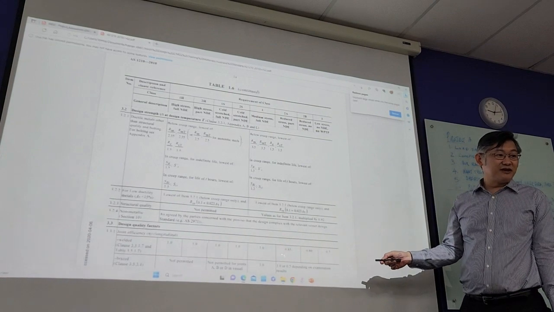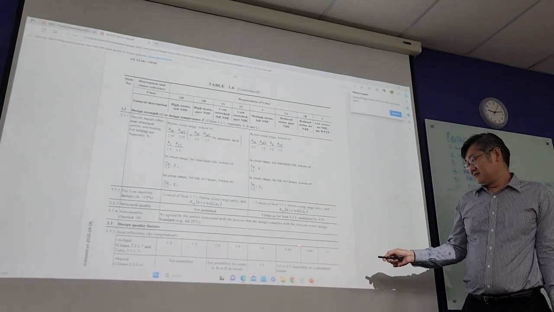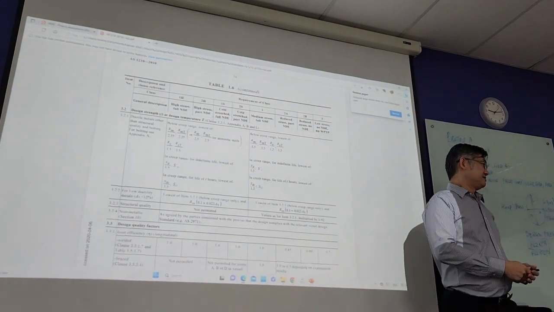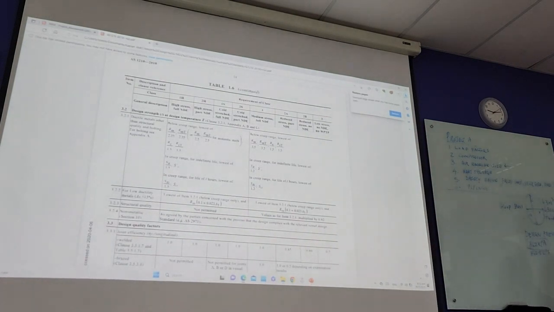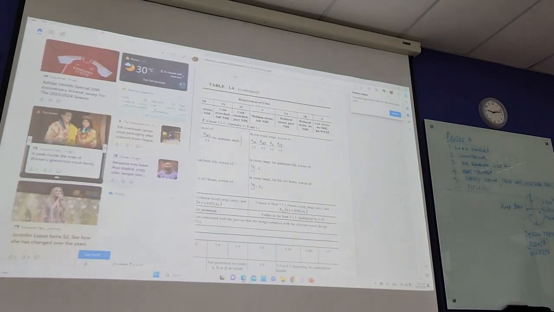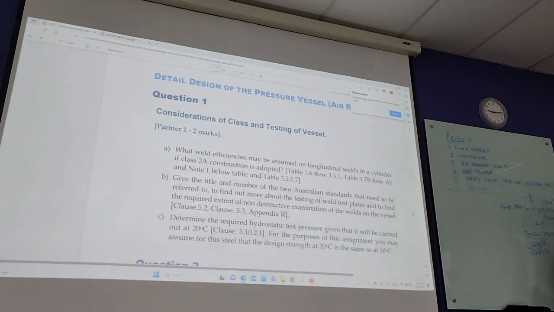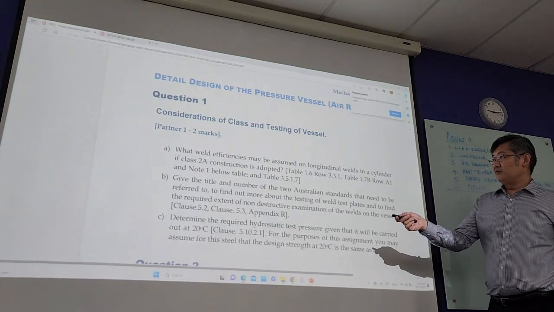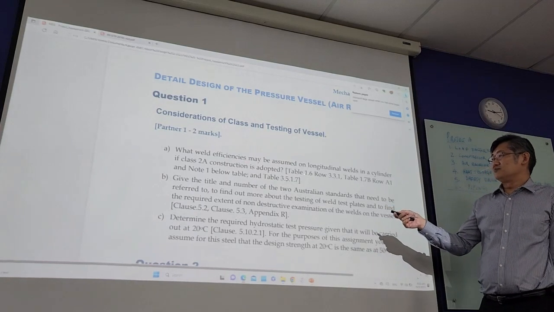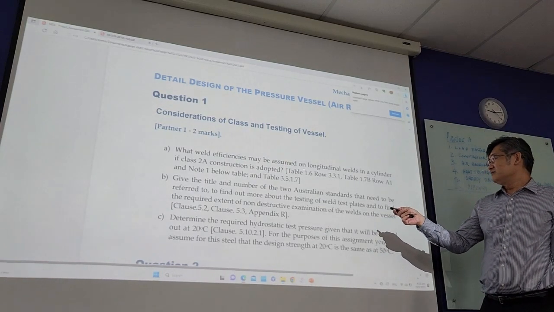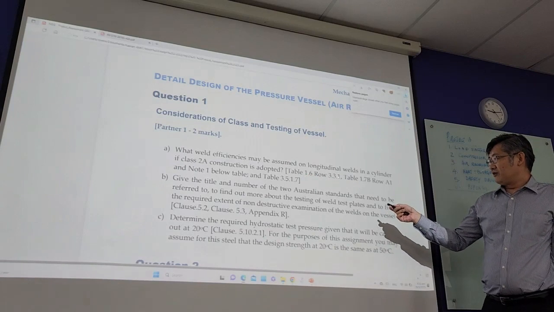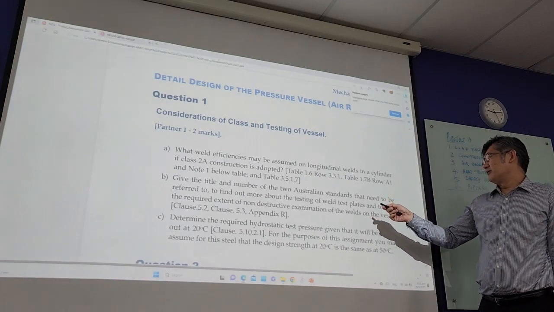Very good, 0.85 weld efficiency. So question 1, you know what to do: what weld efficiency may be assumed? From this row 3.3.1.